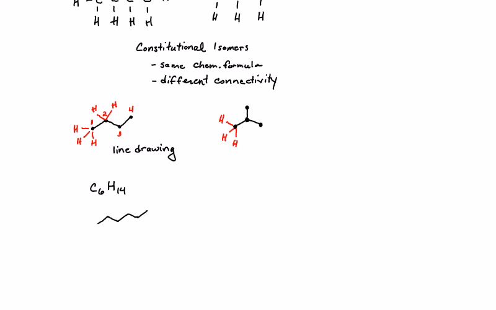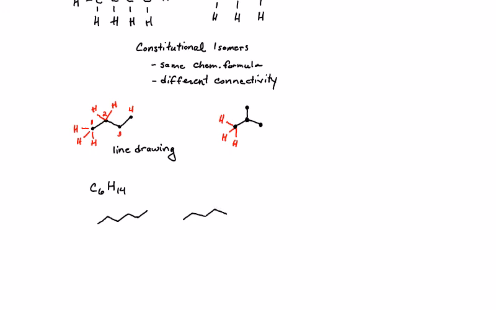Every carbon is just going in a straight line. In other words, the way that they're connected is one carbon to the next and to the next. There's no one carbon that shoots off in a different direction. So this is 6 carbons, and if you want, you can count them up. There's 14 hydrogens there.